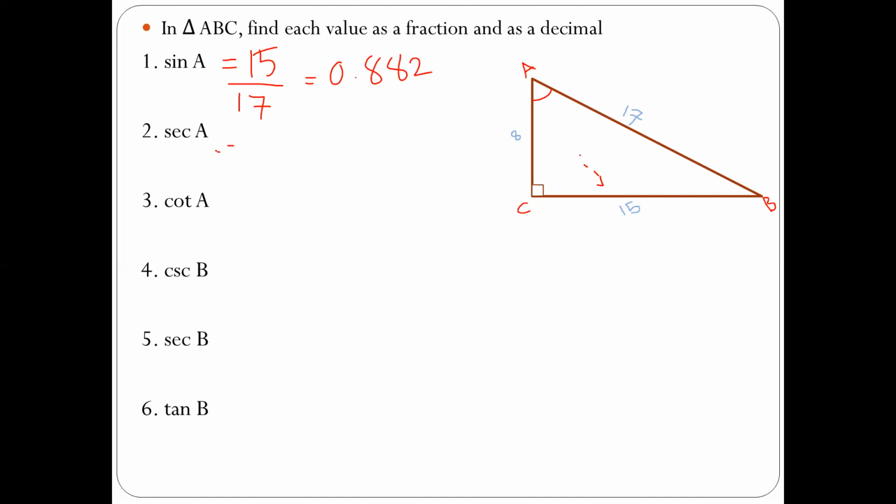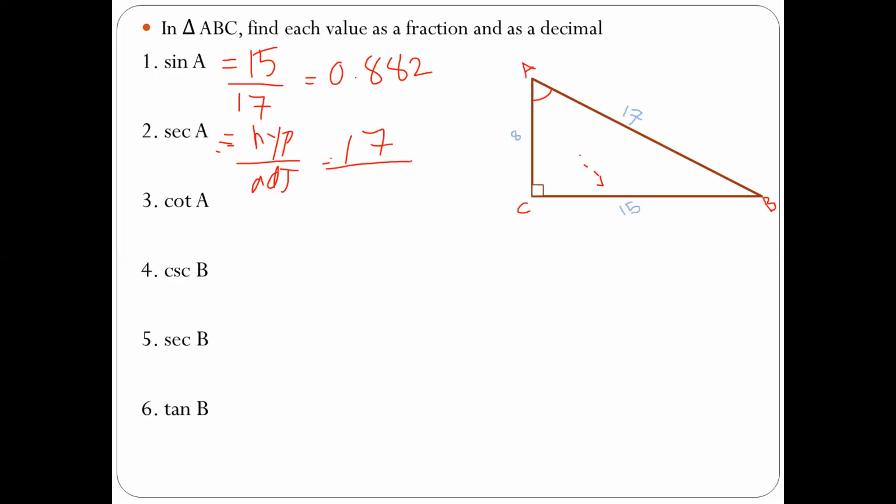Okay, now secant. What is the meaning of secant? Secant is 1 over cosine, which means it is hypotenuse over adjacent. What is the hypotenuse of the triangle?